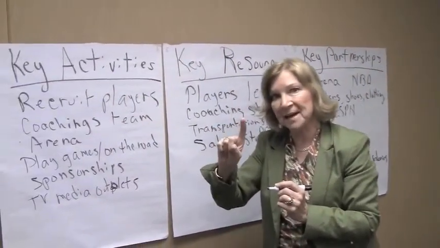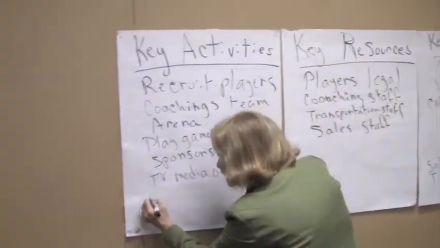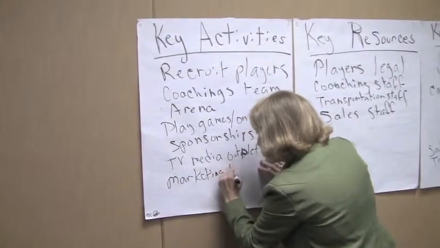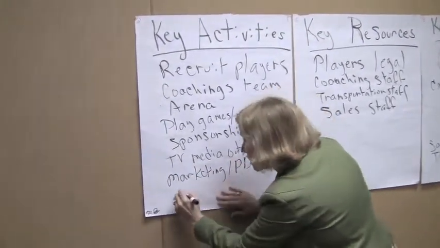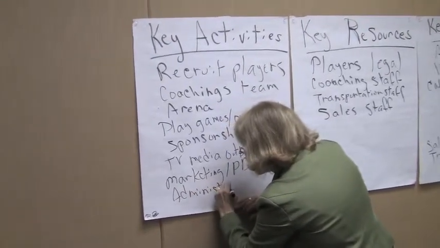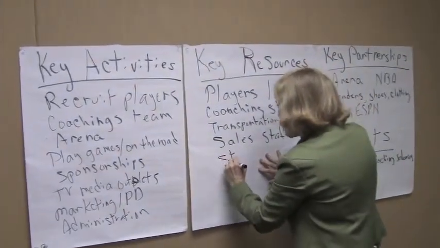And one thing we can't forget is marketing and promotion. Every company has to do some sort of marketing and PR. They're going to have a staff to do that. They're also going to do administration, payroll, etc. And they're going to have staff to do that.